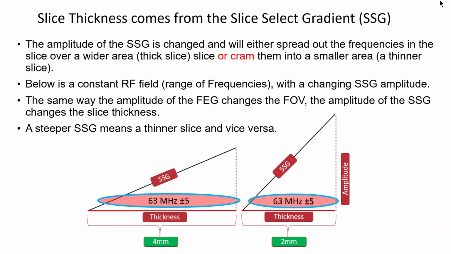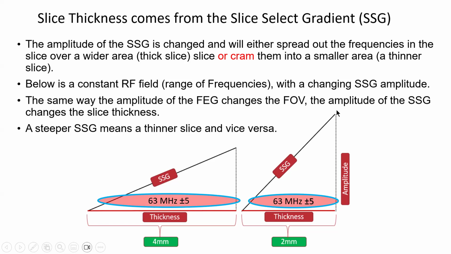So here's what I mean by that. We've got a transmitted bandwidth, 63 megahertz plus or minus 5. So that means you got 63 in the middle and there's 5 hertz on each side. If you use a shallow slice select gradient, you've got a thicker slice.